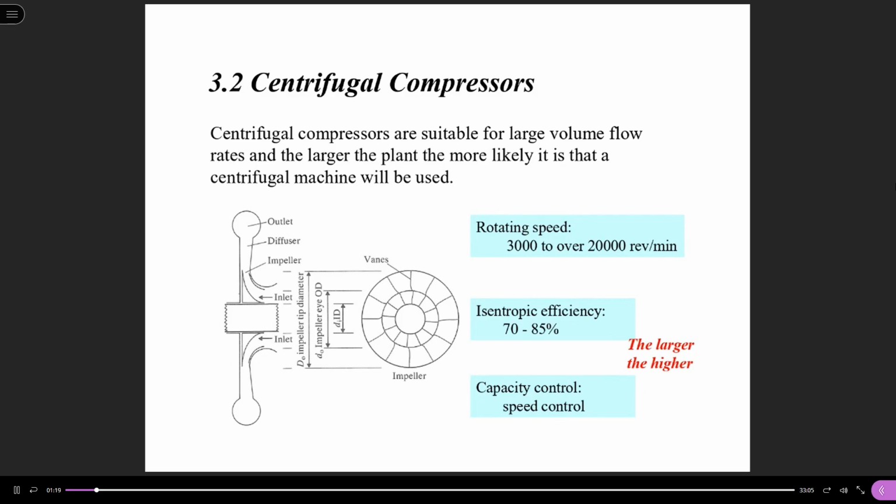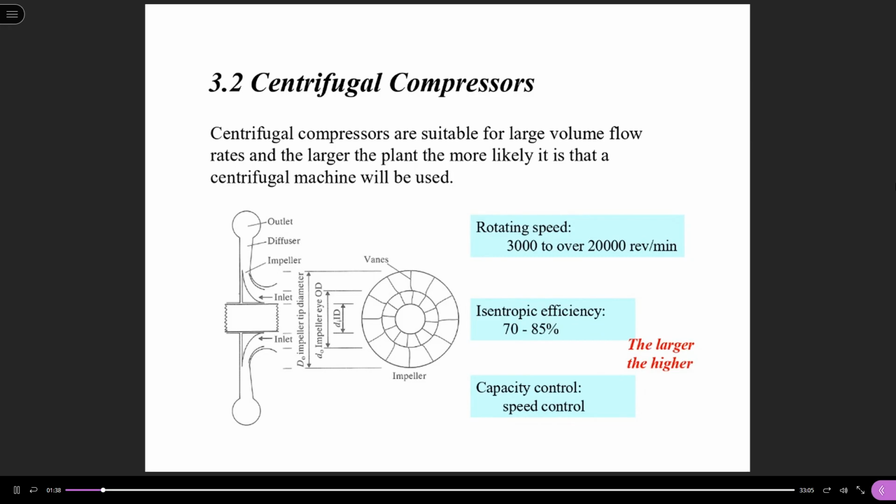So, in fact, we have introduced the vapor compression refrigeration system. We have several main components, including the evaporator, condenser, throttling valve, and compressor.